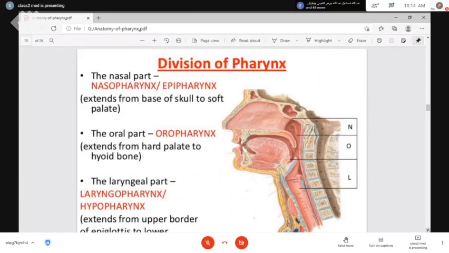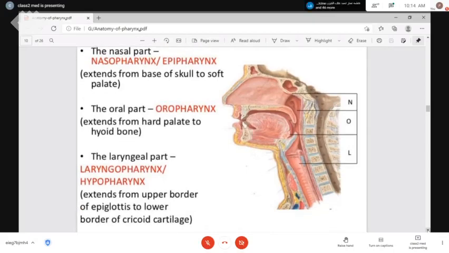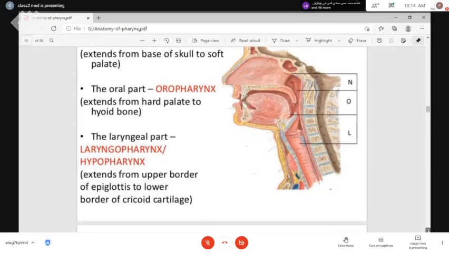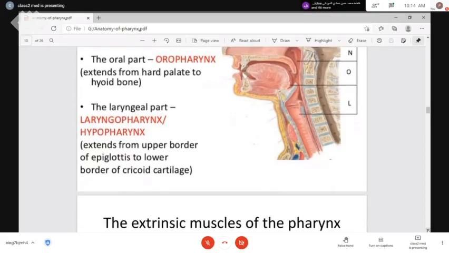The second part is the oropharynx, which extends from the hard palate to the hyoid bone. And the third part, called the laryngopharynx or hypopharynx, extends from the upper border of the epiglottis to the lower border of the cricoid cartilage at the level of the sixth cervical vertebra.